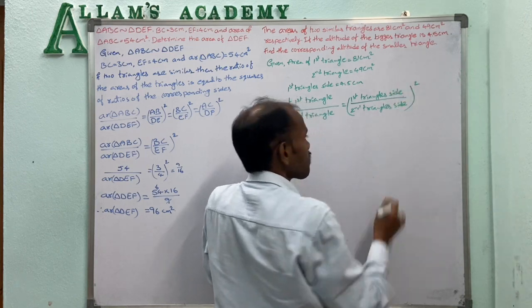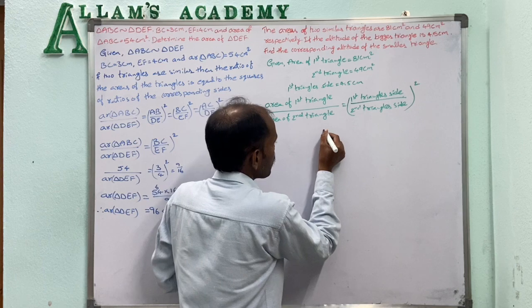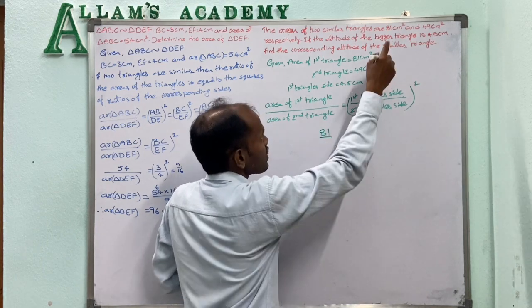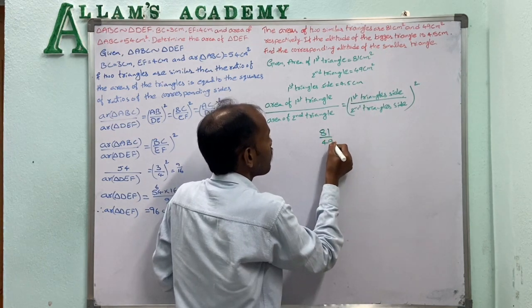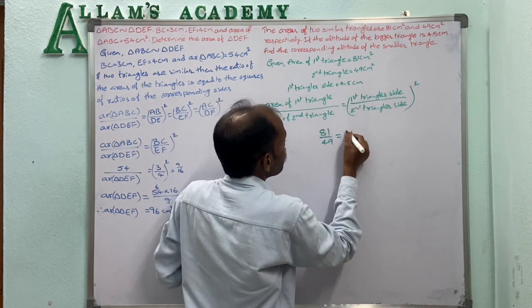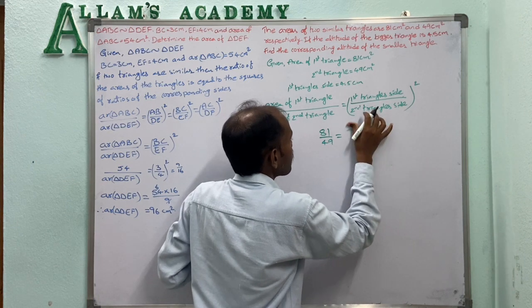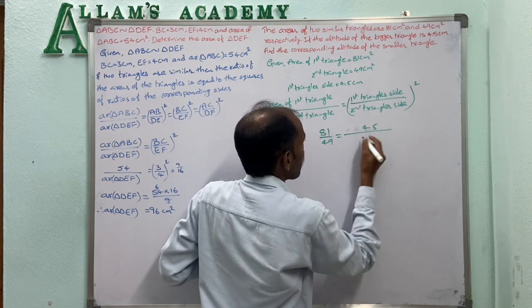Why? Because of corresponding sides ratio. So now first triangle's area is 81 given, second one is 49 given, and first triangle's side is 4.5 centimeters given, second triangle's side is not given.